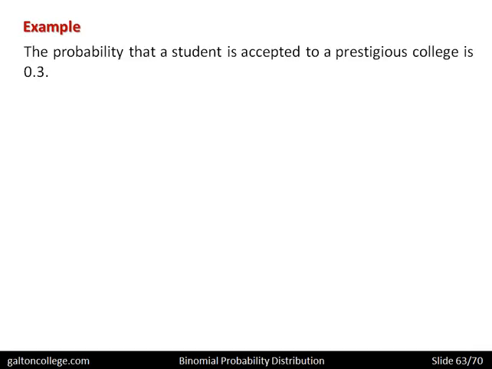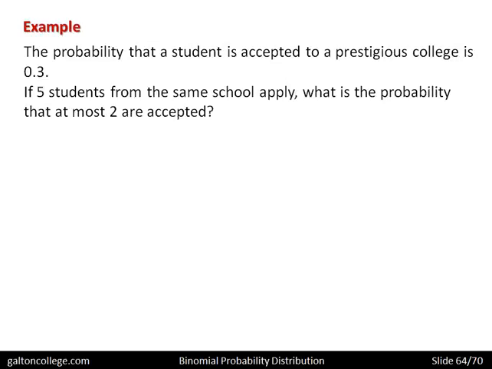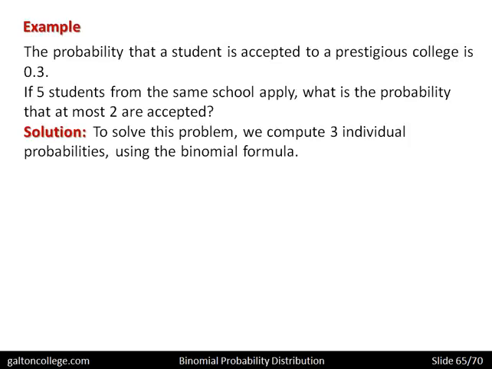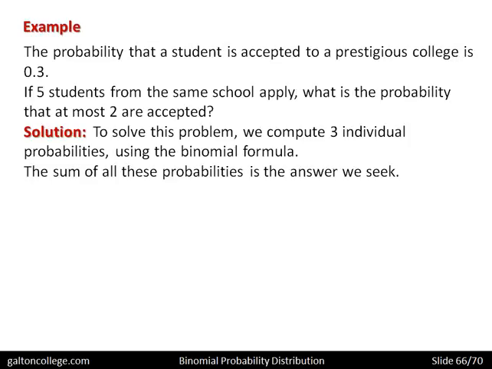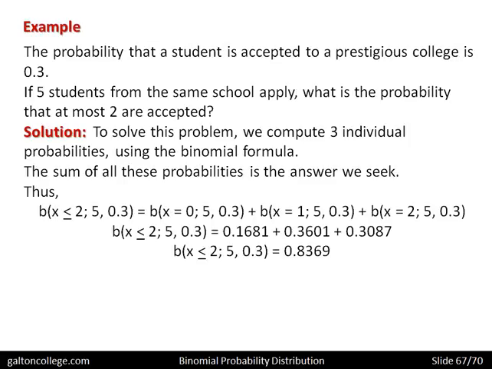So what's the probability that a student is accepted at a prestigious college? Let's say it's 0.3. If 5 students from the same school apply, what's the probability that at most 2 are accepted? To solve the problem, we compute 3 individual probabilities using the binomial formula. The sum of all these probabilities is the answer we seek.